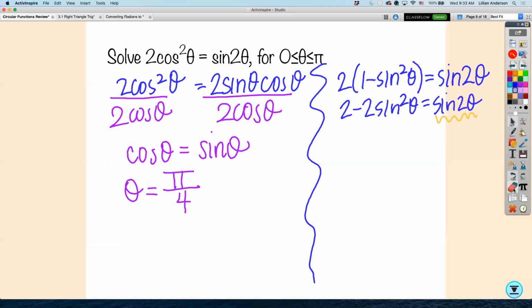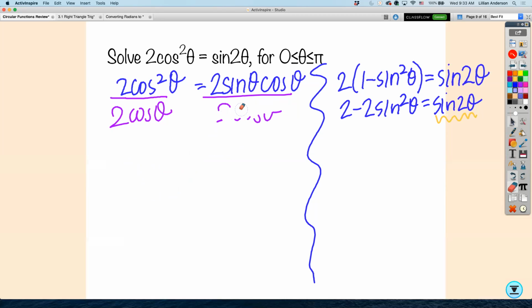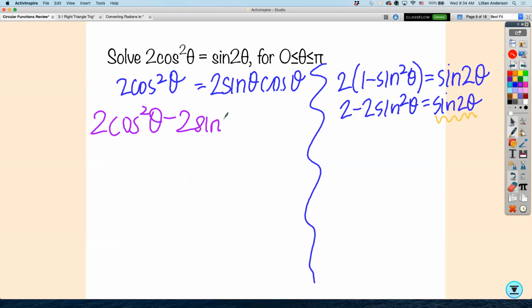So let's back it up just a little bit. Pi over 4 is a solution. Yes, it is, but you lose a solution by dividing. So instead, bring everything to one side, and then factor out that cosine instead of dividing. I can even factor out a 2 cosine.